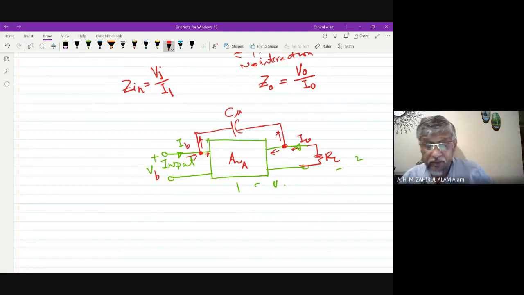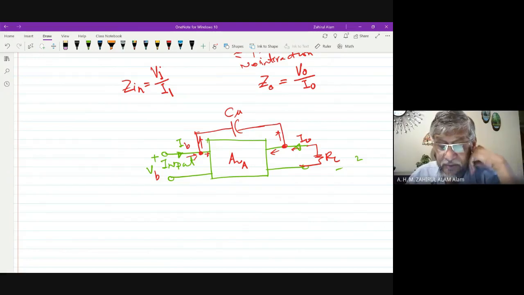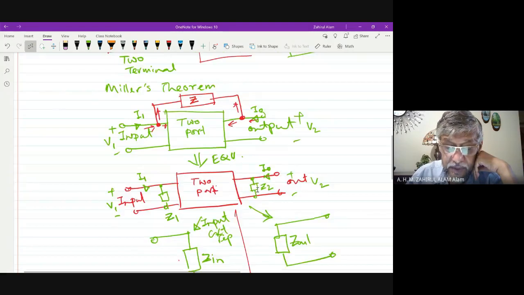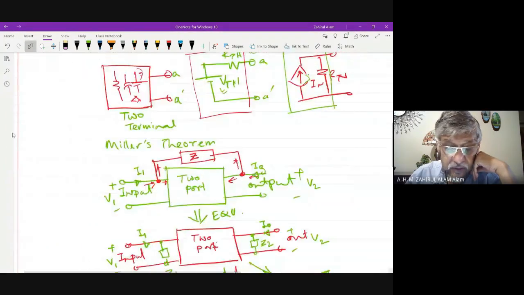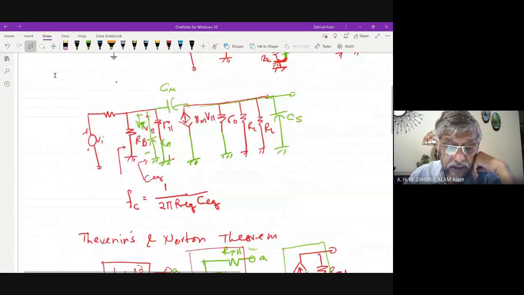So now, what is AV? If we compare our circuit, I just copy this one.